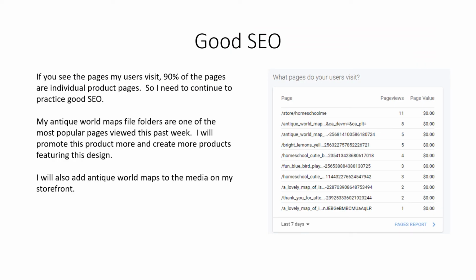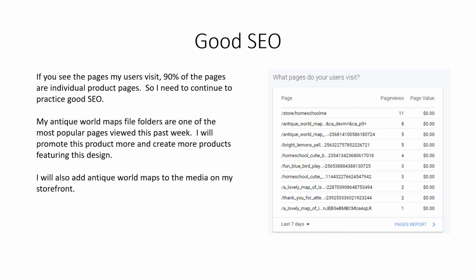Good SEO. If you look at the pages my users visit, 90% of the pages are individual product pages. So 90% of the pages that visitors currently visit on my website are product pages. And my Antique World Maps file folders are one of the most popular pages viewed this past week. That lets me know that I need to promote those file folders, and that I should even create more products with that design, since that's what people are visiting.